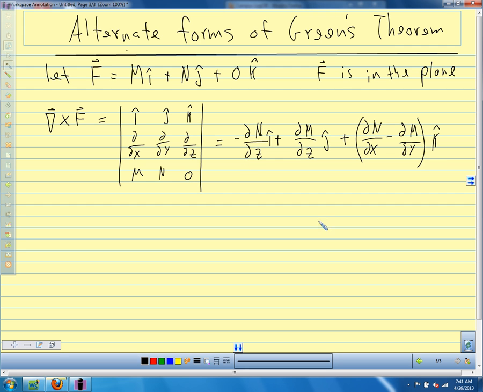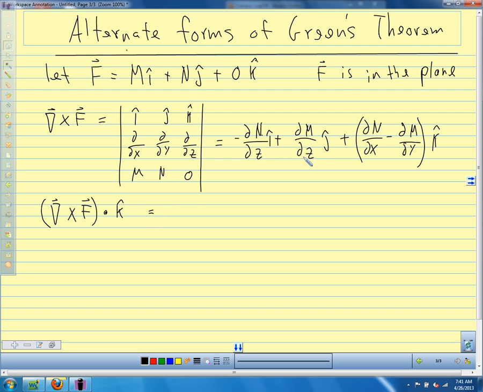What we're going to do here is take the dot product. So it's okay, we'll take care of that next. We're going to take the dot product even if M or N does have a z in it, and we'll get to that later. But what we're going to do here is take the dot product of the curl with k hat, so we're finding the vertical component of the curl.